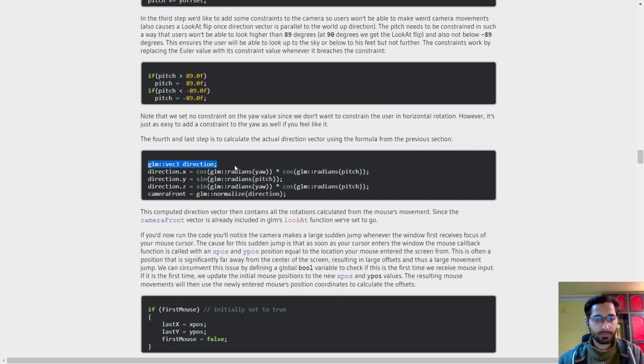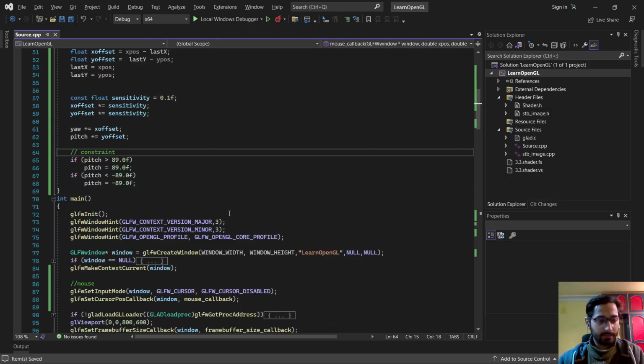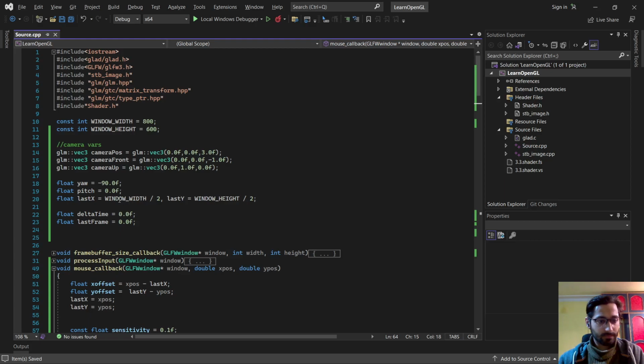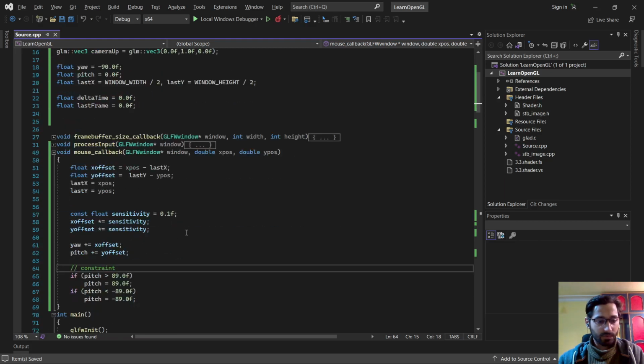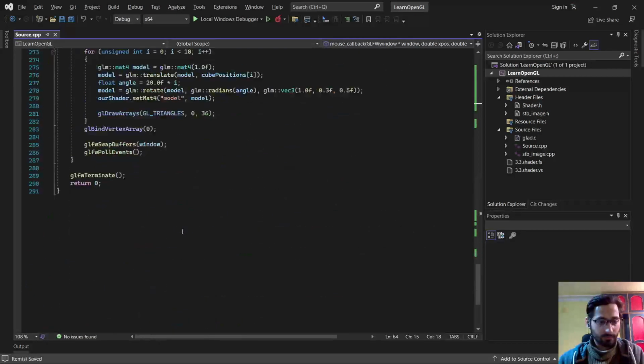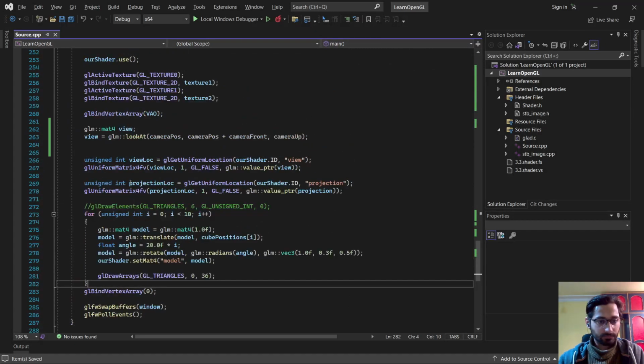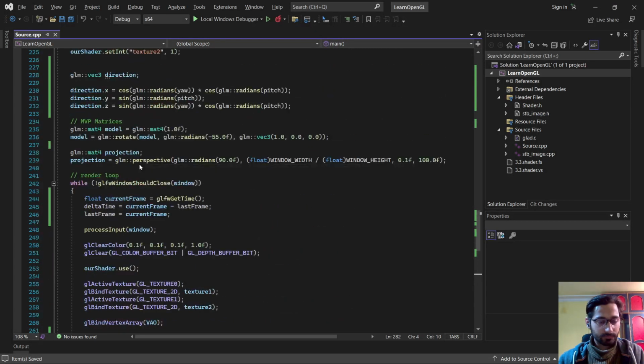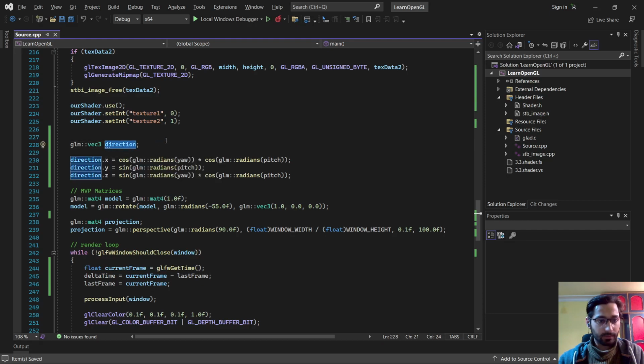Okay, so we already have a direction vector, do we not? Okay, no, I think that, okay, yeah, here we go.